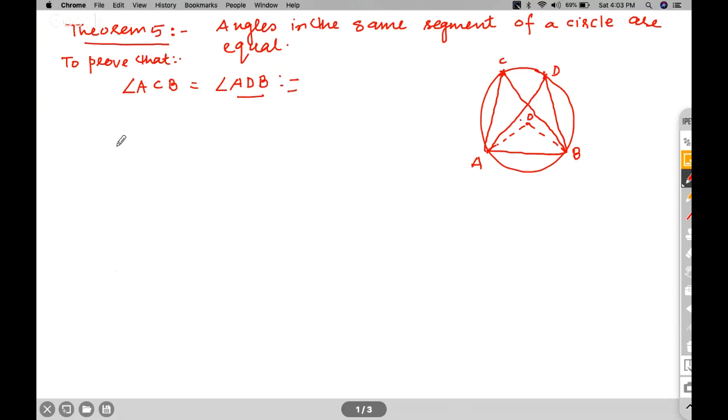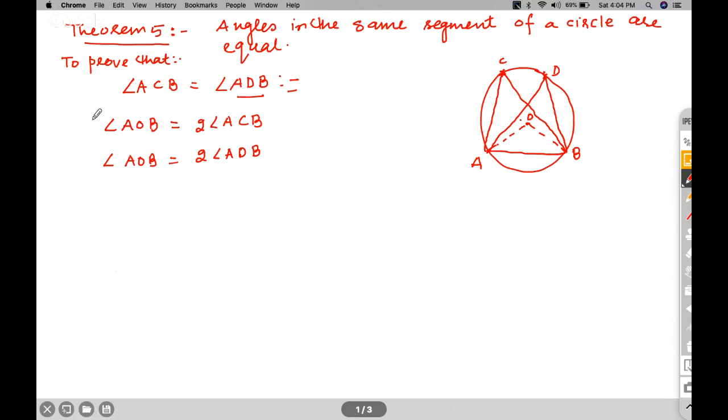Now, how will I prove it? I'll prove it like this. Angle AOB is 2 times angle ACB. I also know that angle AOB is 2 times angle ADB. Why am I writing like this?